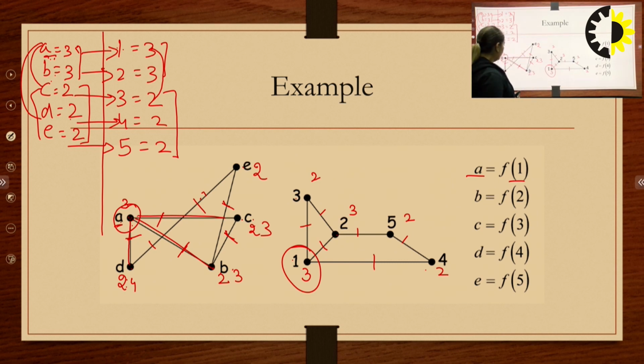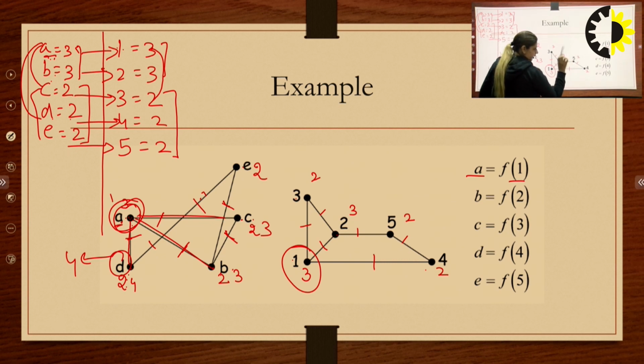Right? Whatever mapping we have done here, the vertices we have mapped should have the same connections in the other graph. Check it again. First we are checking the A vertex. A is connected to C, B and D. D is mapped to 4, so there should be a connection between 1 and 4. 1 and 4, there is a connection, right?